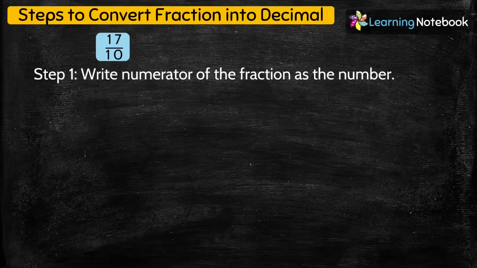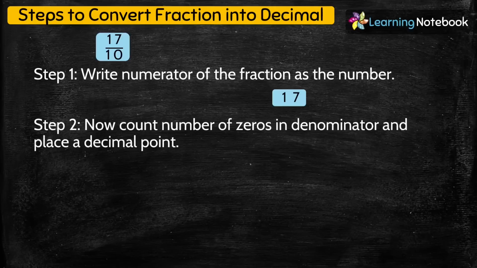So in step 1, we will write numerator of the fraction as the number. So here numerator is 17. So we will write 17 as the number. Now in step 2, we will count number of zeros in the denominator and place the decimal point.